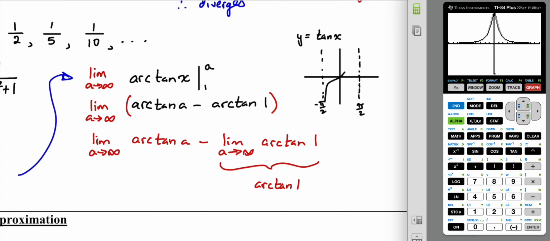X becomes y and y becomes x when you find an inverse. So the lowest x value for y equals tangent of x becomes the lowest y value for the arctan.